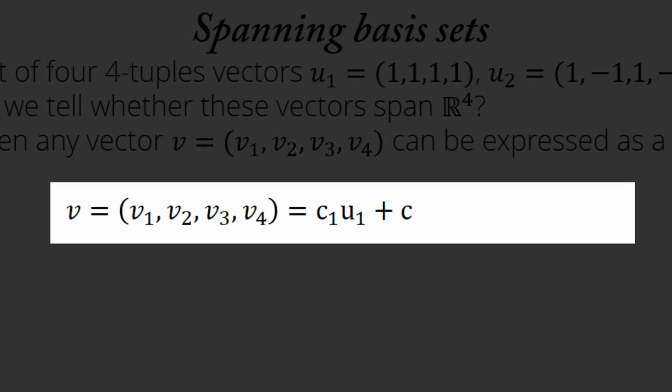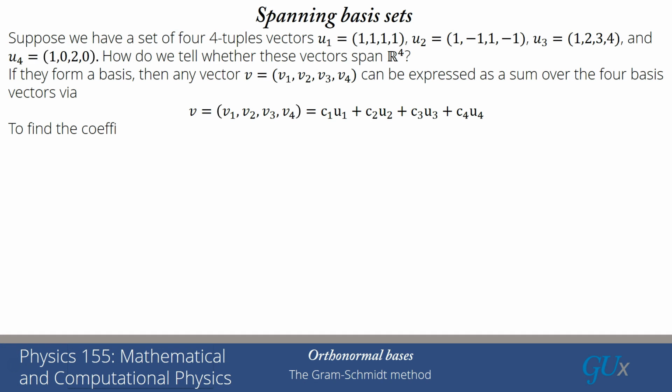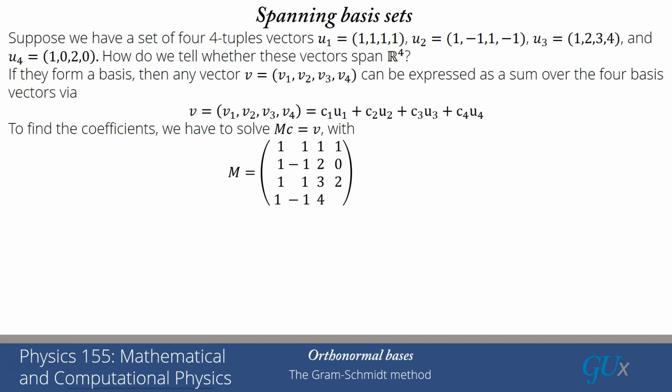V is equal to C1U1 plus C2U2 plus C3U3 plus C4U4, and we have to find out what these coefficients C are. We can write this as a matrix problem. MC equals V, where M is this matrix that's written for you here. And you should be able to verify directly that this equation is the equation I need to solve in order to find whether or not an arbitrary vector V can be expressed in terms of these basis vectors U1 through U4.